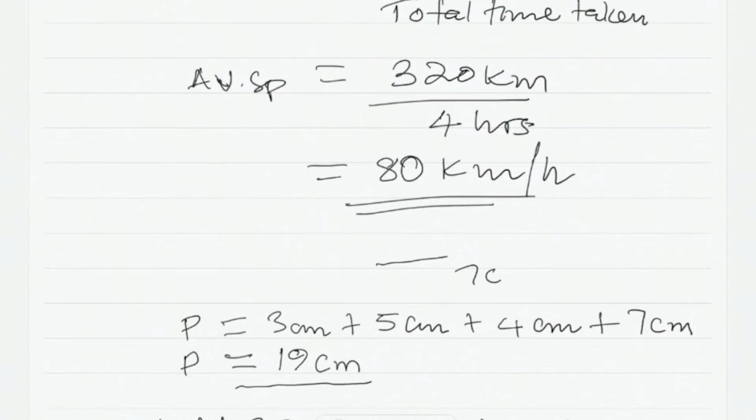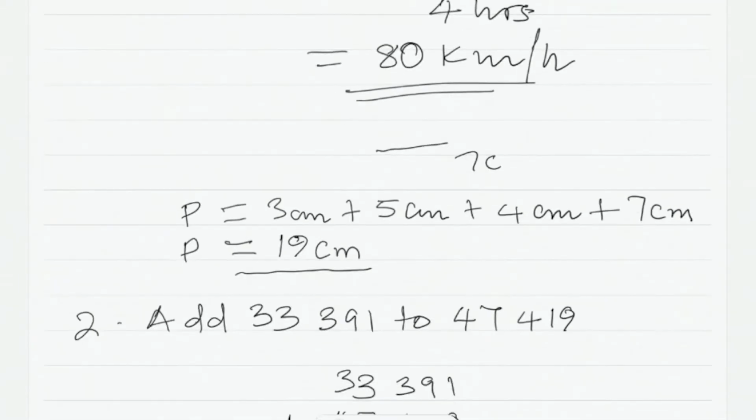So 32 divided by 4 is 8, and then 0, that is 80. That was the average speed, 80 kilometers per hour.